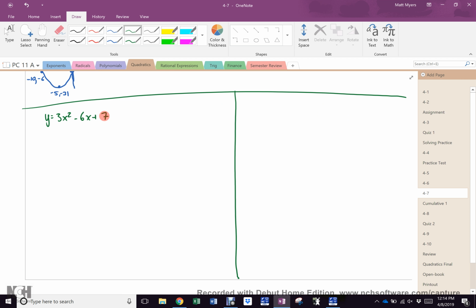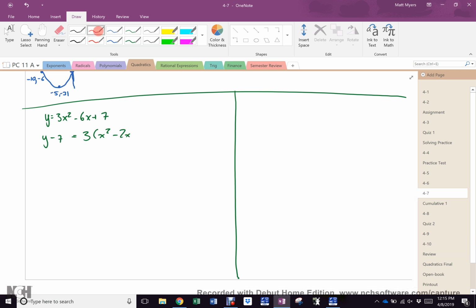Yay or nay? Yeah, why? Why is it a good candidate to complete the square? Because this is even, and because I can factor out that 3, yes? So it's going to be y minus 7 equals 3x squared minus 2x, right?